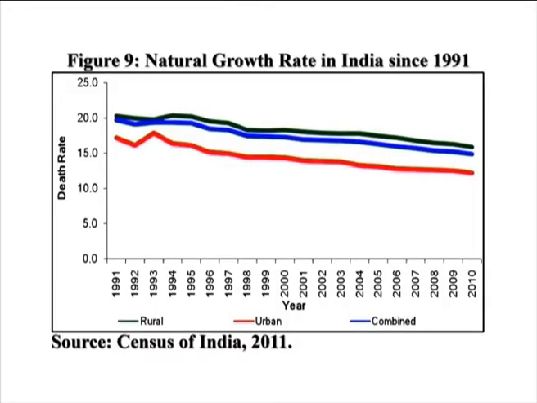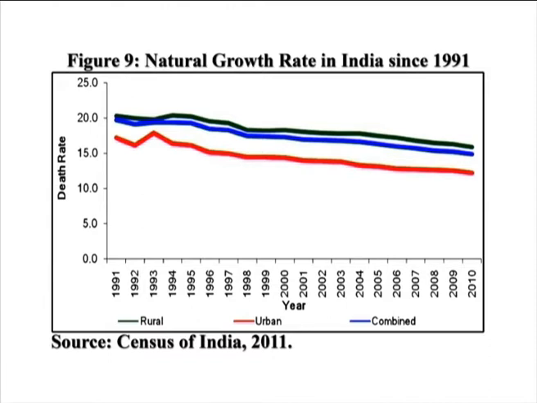On the other hand, the natural growth rate of population is measured by the difference of birth rate and death rate. It indicates the natural growth of population of a country. Figure 9 shows that natural growth rates declined during the period 1991 to 2010, from 19.7 in 1991 to 14.9 per thousand of population in 2010.